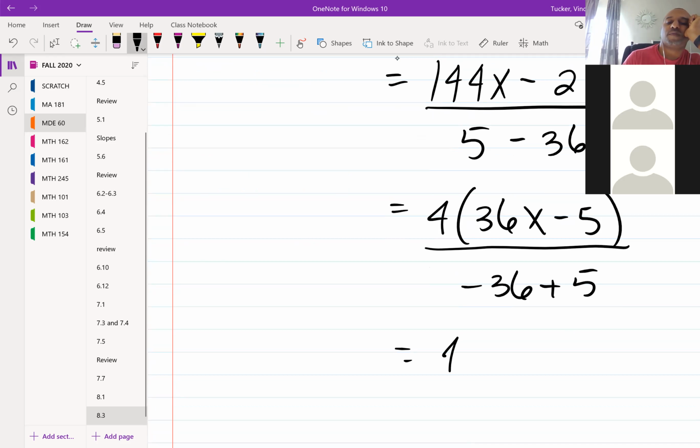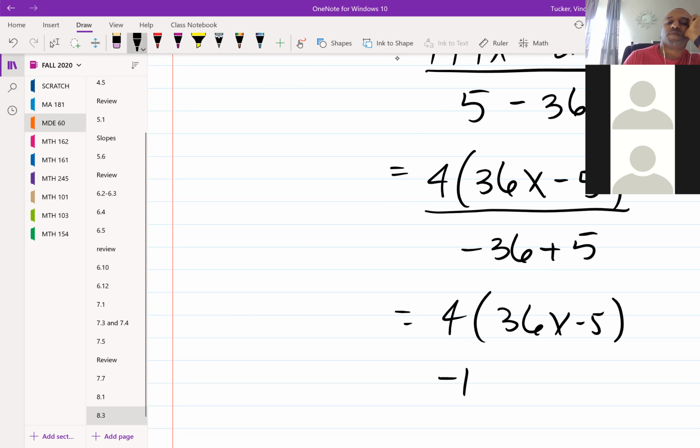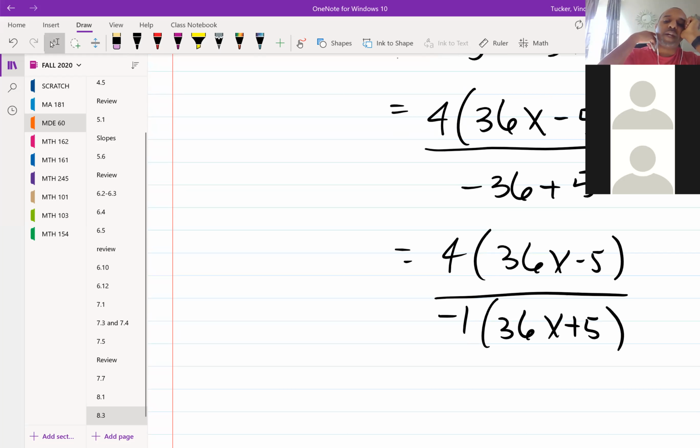So my answer would be negative 4. Oh, I would have got that wrong. I would have made it -4. That's what it's gonna be. You can pull the negative out of the top or the bottom. It doesn't matter. But you're right. That's what it would be, -4. Those cancel out. My answer would be -4.